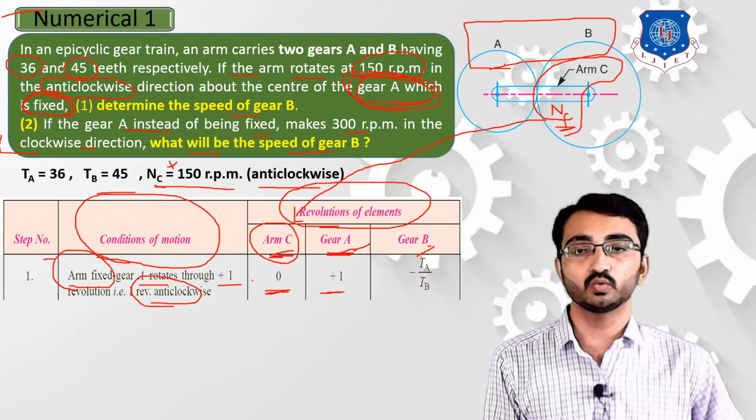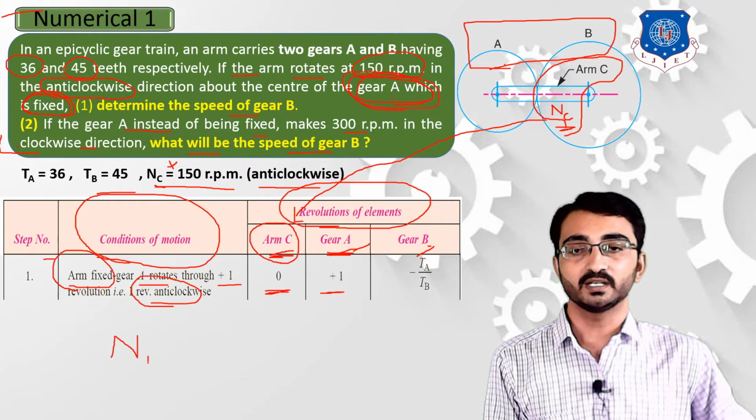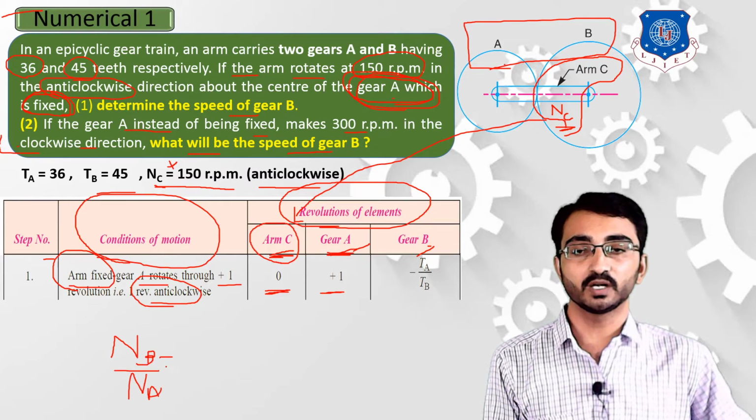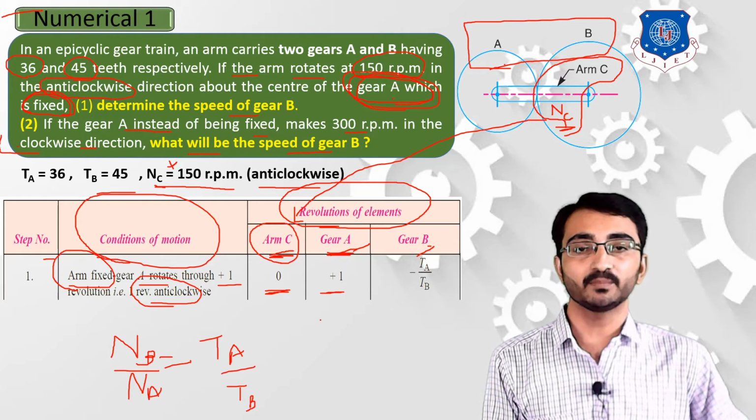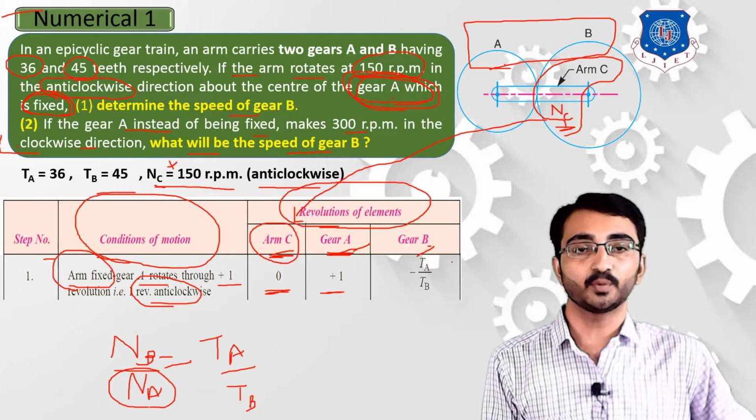Now with respect to gear A, your gear B is rotating. Here the assembly will be a simple gear train. So we can say that NB by NA is equal to TA upon TB. Now the RPM of gear A is 1, so you can put RPM as 1, and your equation will be TA upon TB.